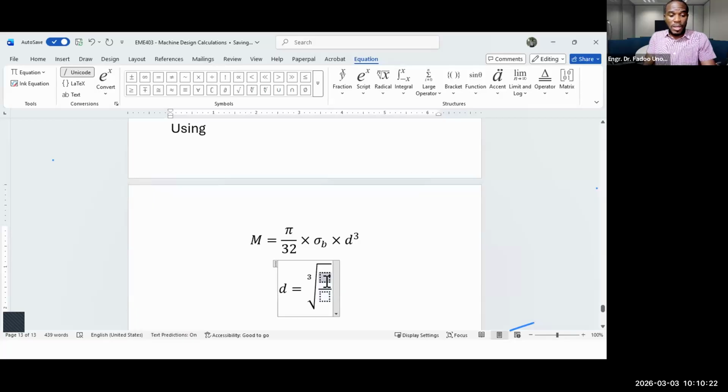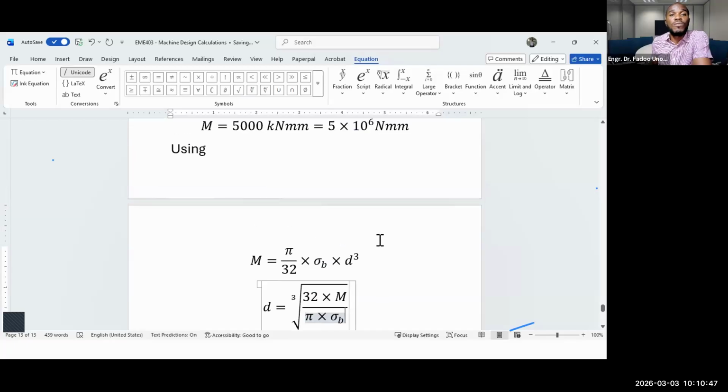We are going to multiply 32 by the maximum bending moment and divide that by pi and the maximum allowable bending stress in the structure.